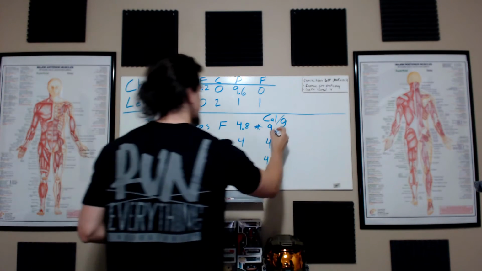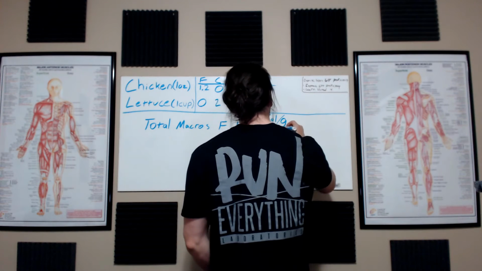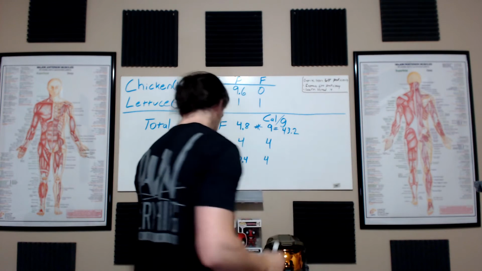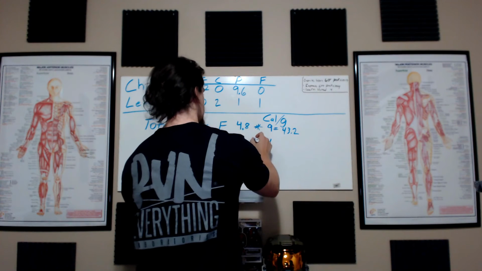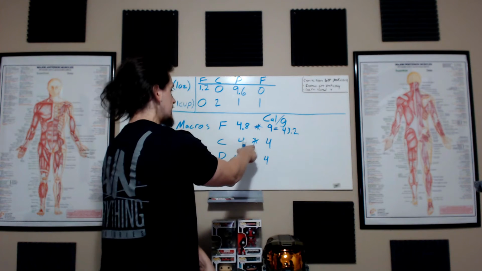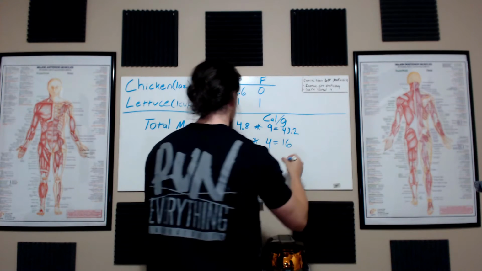Alright, so right here we'll just do 4.8 times 9 calories, and that comes out to be 43.2 for fat, and then 4 grams of carb times 4 calories per gram, that comes out to be 16.